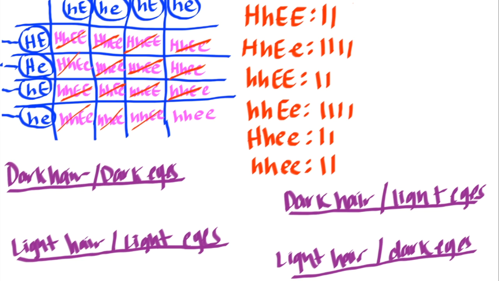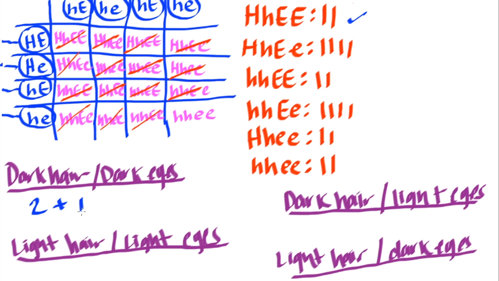All right, now let's go from here. This individual here would have dark hair and dark eyes. So dark hair, dark eyes. There's two there. So that takes into account for this one. We have dark hair, dark eyes. There's 4 there.